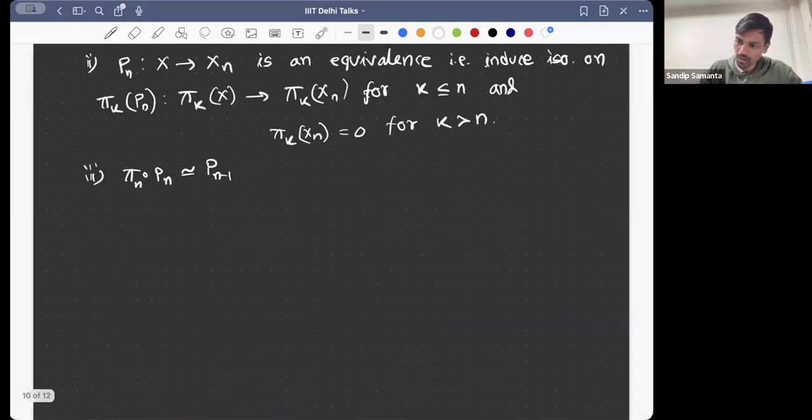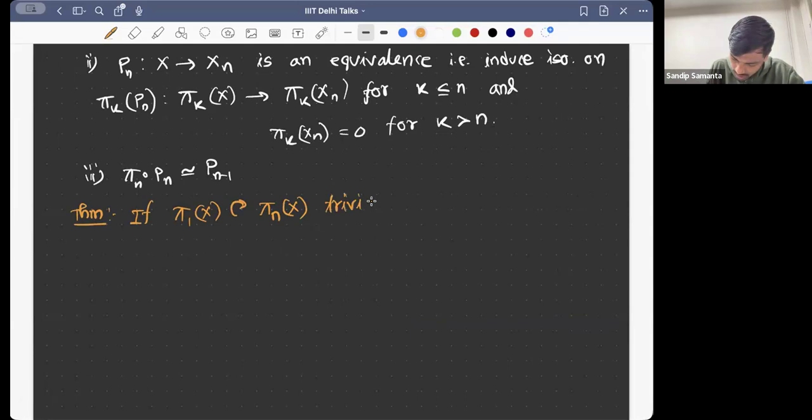So that's a theorem, or proposition, that if X is connected and pi1 X acts on pi n X for each level trivially, definitely for n greater than 1, then such a decomposition exists.